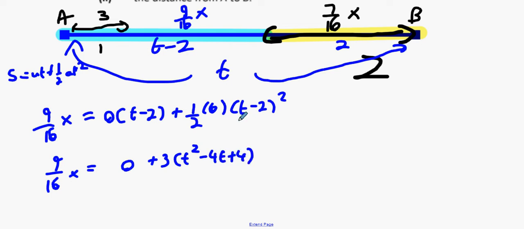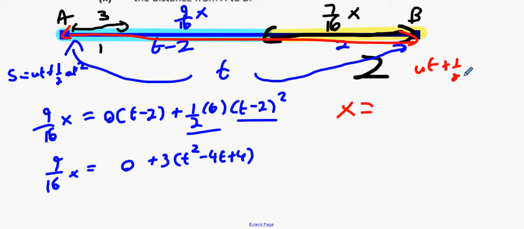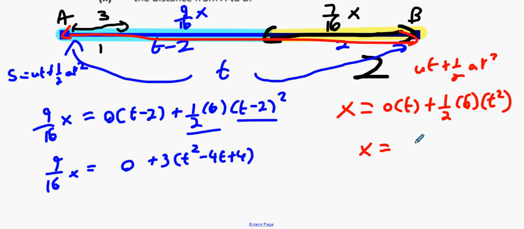That's how I'm going to square that out, and a half of 6 is 3. Now we're going to do the entire thing, from beginning all the way to end, and that will be x. And once again, it's ut plus a half at squared, and that is 0 times t plus a half times 6 times t squared. So x equals 3t squared.